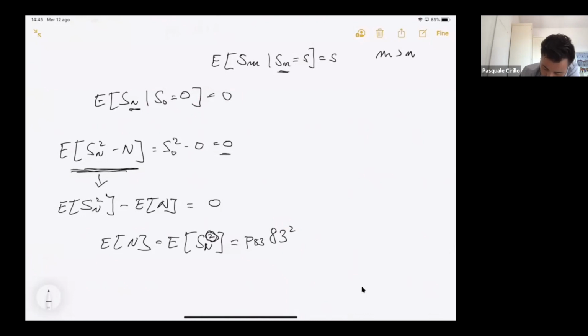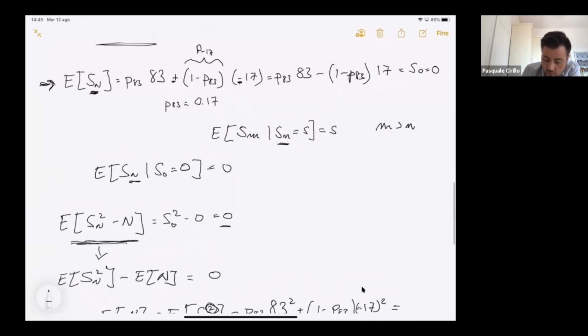So it's the probability of 83 times 83 squared plus 1 minus the probability of 83, times minus 17 squared. The fact that it's minus 17 makes no particular difference when squared. Now, what I can do is substitute the value I know for P83, which I have just computed.